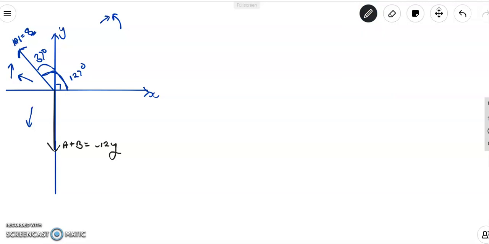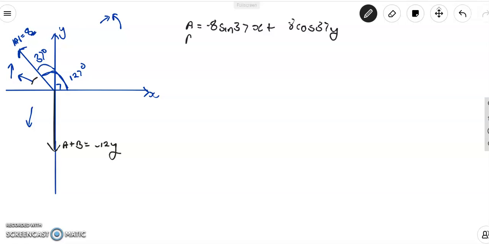So A is equal to minus 8, actually, is it cos or sine? This is the angle. We are moving away from the angle, so it's sine 37 x plus 8 cos 37 y.